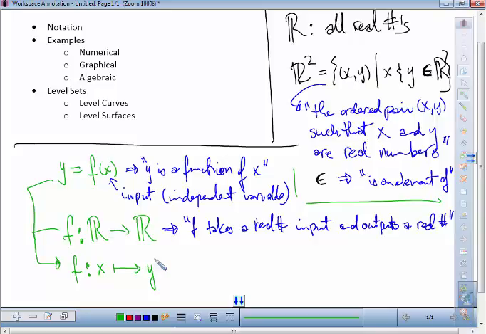It's more important if you're going to be a math major or maybe a science major. I think this is some of the basic notation that you need to be able to understand so that when you see or read things in the textbook or in the notes that I put up, you would know what they mean.